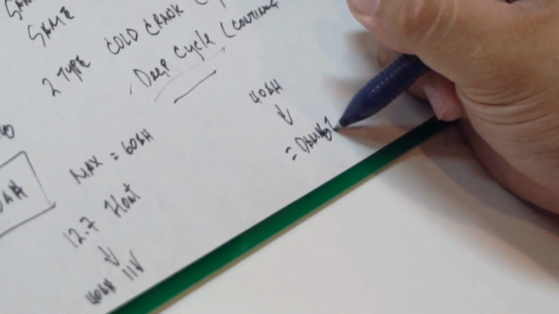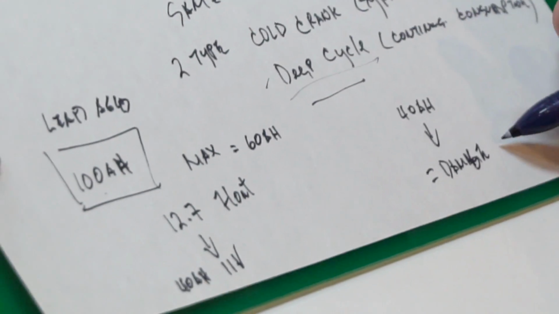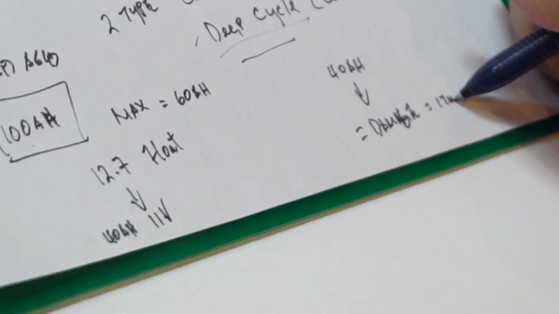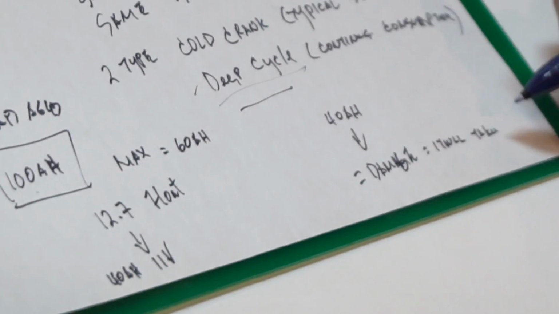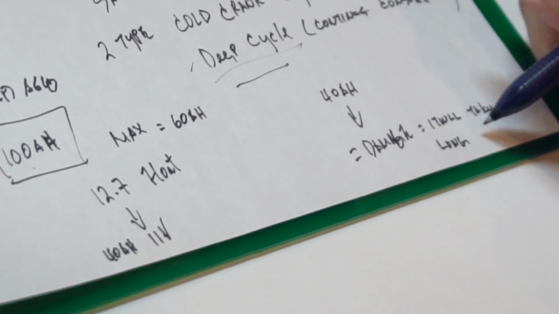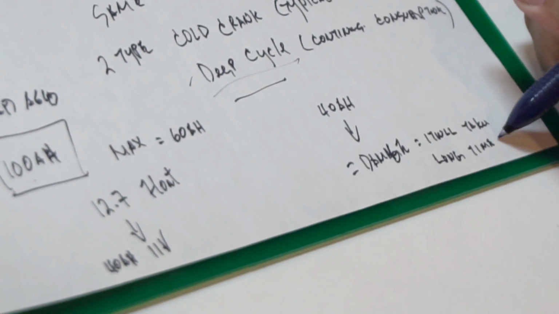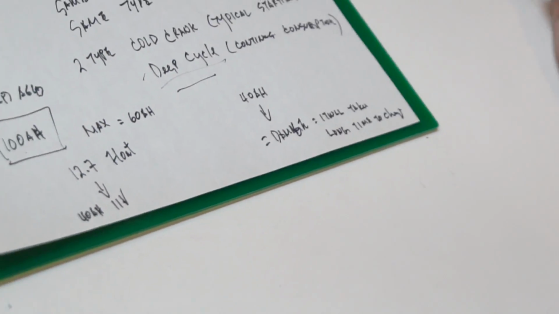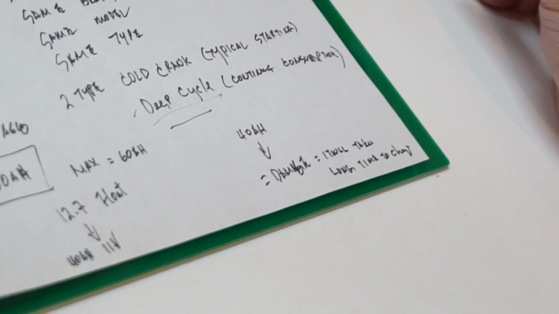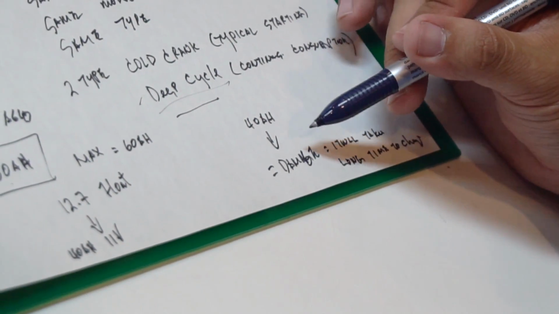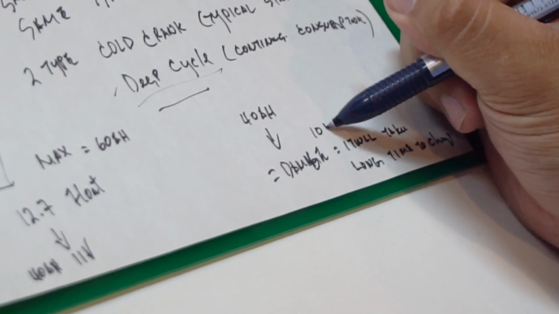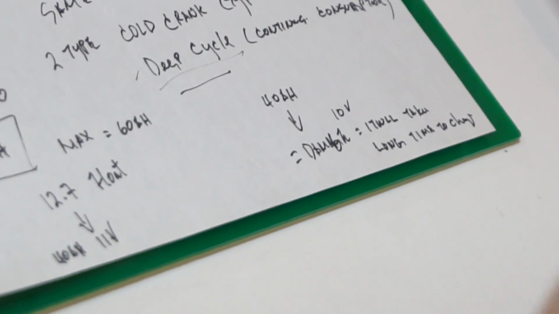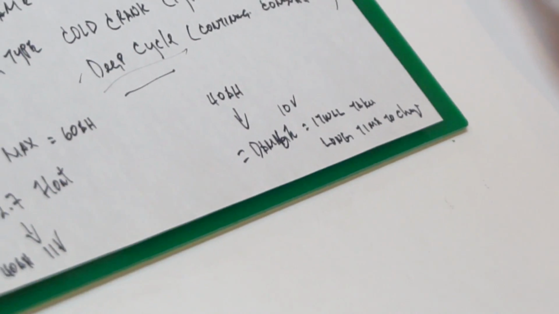It will shorten battery life, and it will take a long time to charge. Bakit? Natutulog yung battery. Pagka bumaba yan ng 40 ampere, mga nasa 10 volts yan. Tulog na siya. Ang tagal niyan bago mabuhay. And it will damage the battery.